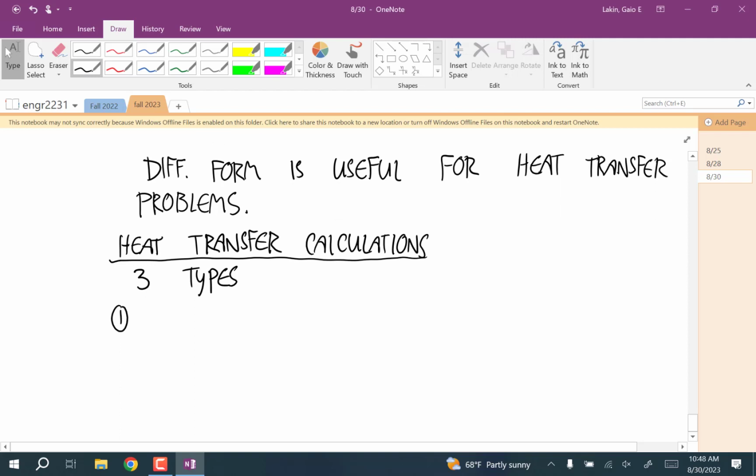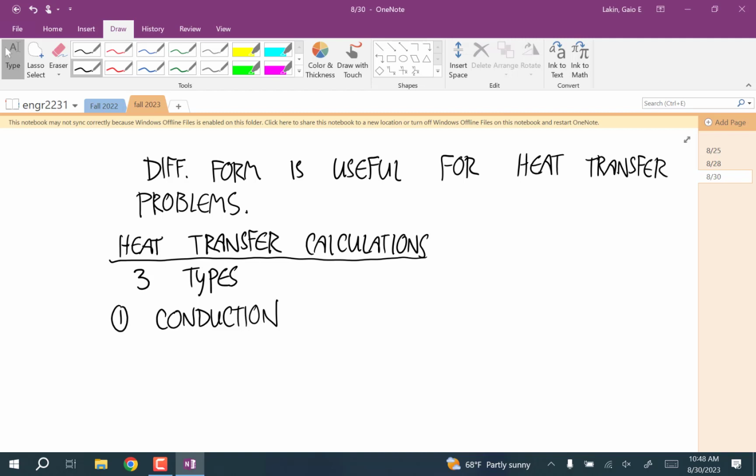The first one is heat transfer through conduction. Conduction is energy being translated from point to point through a material without the material itself moving.